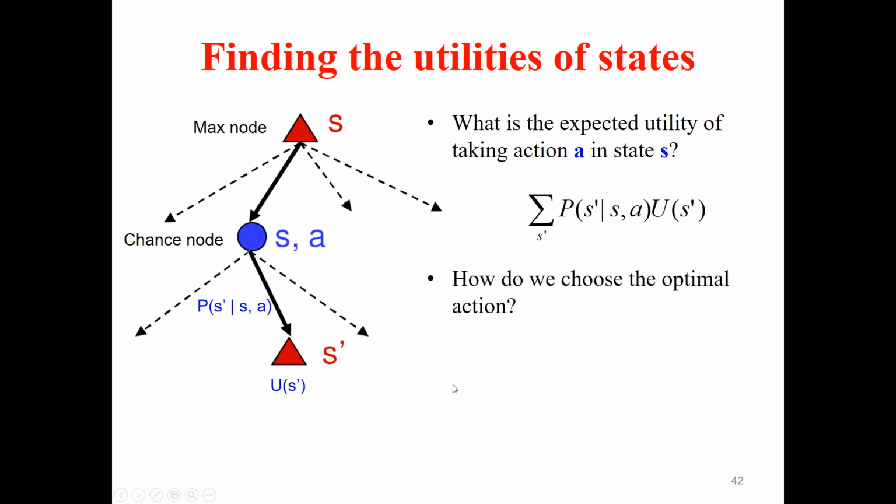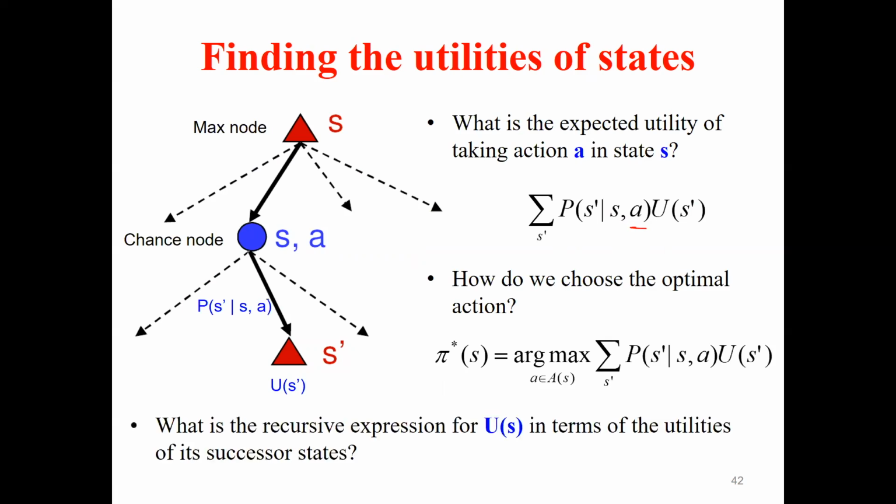How do I choose the optimal action? I want to vary the actions over there and pick that action which can maximize the reward value. That action I'll pick will be part of my policy. So recursively, I can define this utility in terms of the utility of the successor states.